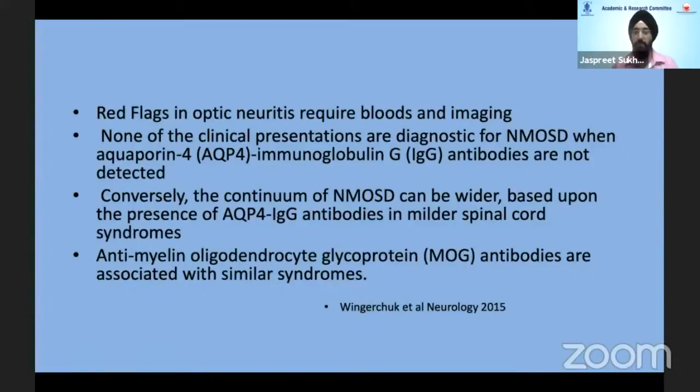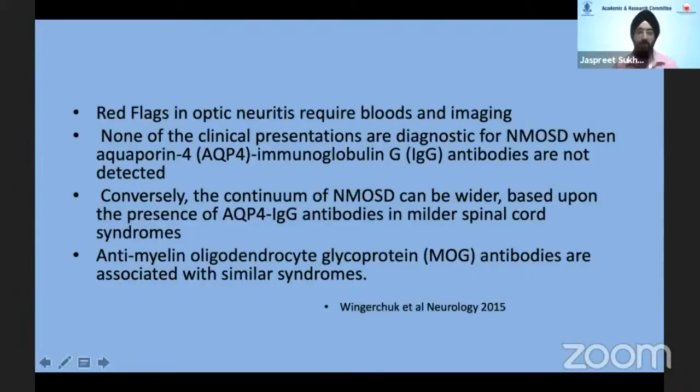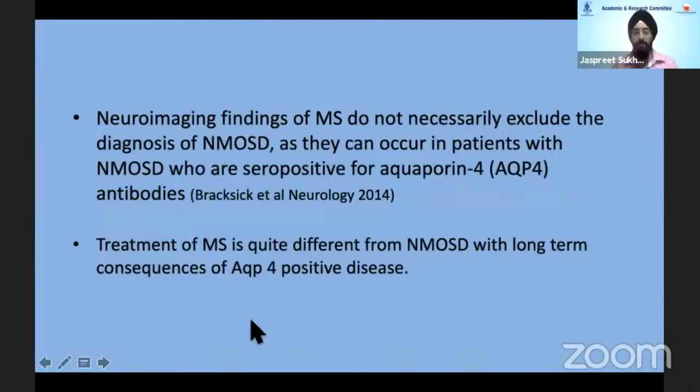Conversely, the continuum of NMOSD, neuromyelitis optica spectrum disorder, can be wider based on the presence of aquaporin 4 IgG antibodies in milder spinal cord syndromes. So you need to investigate, because it can go either way. Then the antibodies are associated with similar syndromes. So neuroimaging findings of MS do not necessarily exclude the diagnosis of NMOSD, as they can occur in patients who are seropositive. So again, an overlap, you need to investigate.